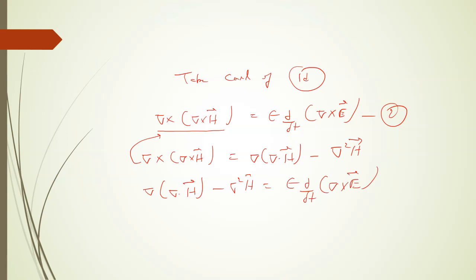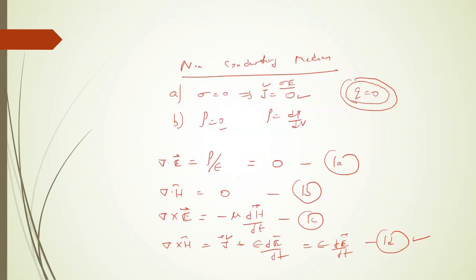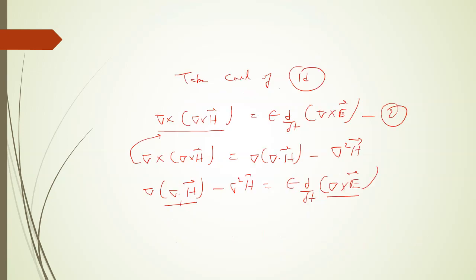Now what are these Maxwell equations? This is the second Maxwell equation, 1b, and this del cross E is 1c. So del dot H is 0, so it will be 0 minus del square H. And what is del cross E?